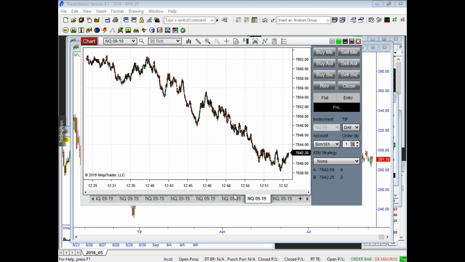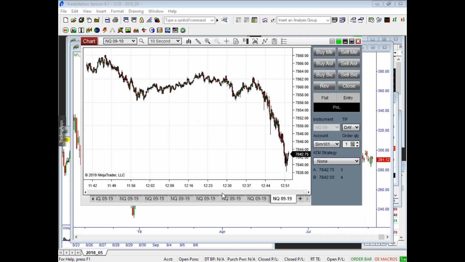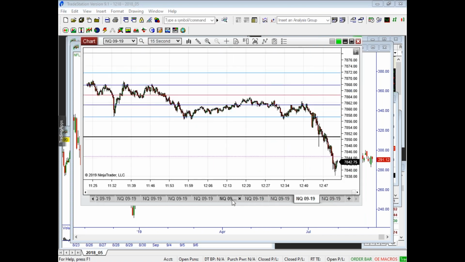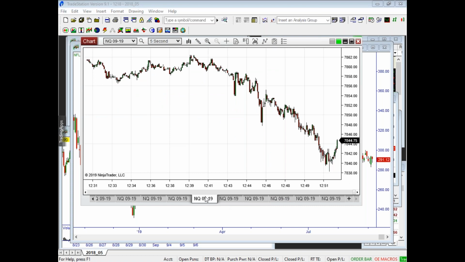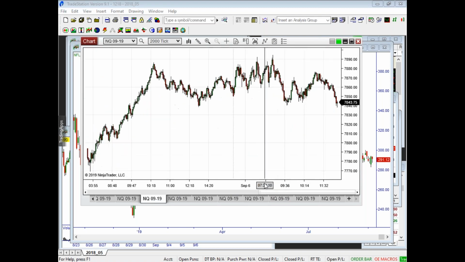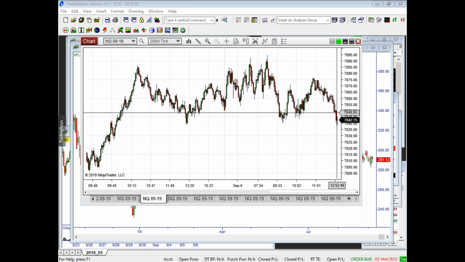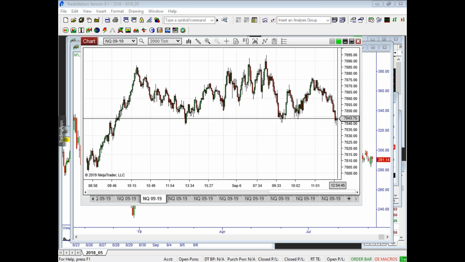I wanted to show you a different time frame chart, but I don't have all my time frame charts lined up properly right now. So here you can see the morning low, at least on the 2000 tick. All right, back into that support there. So this gained speed as it went into here.